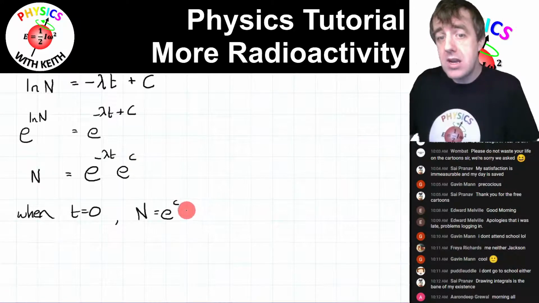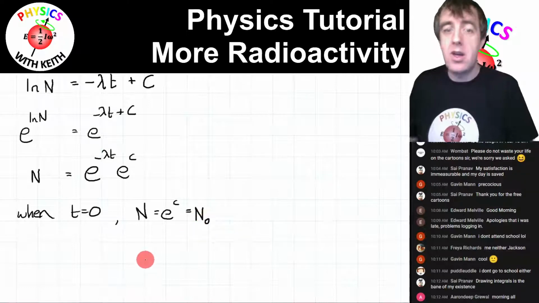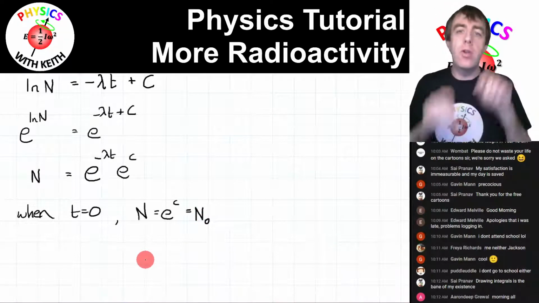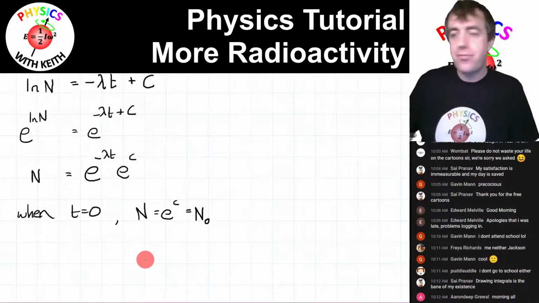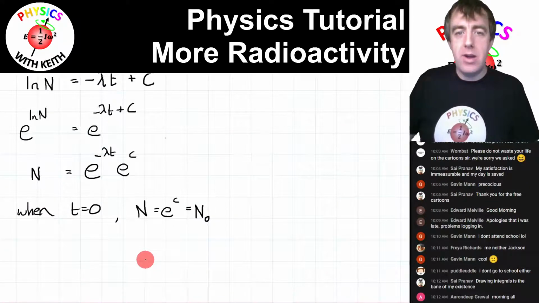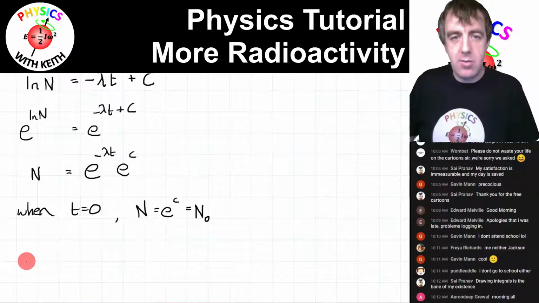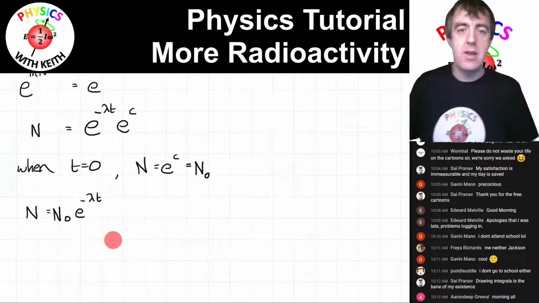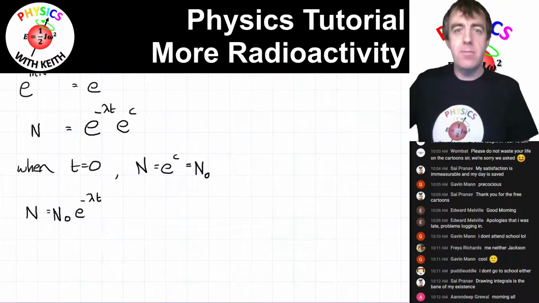So I'm going to rename that constant N0, the number of radioactive nuclei when the time was 0, so at the start. Now I can plug that back into this equation, and we end up with N equals N0 e to the minus lambda t. Groovy. That's the first equation.